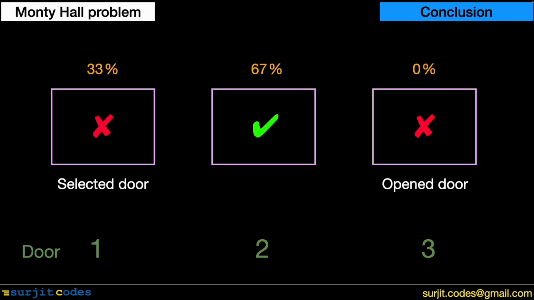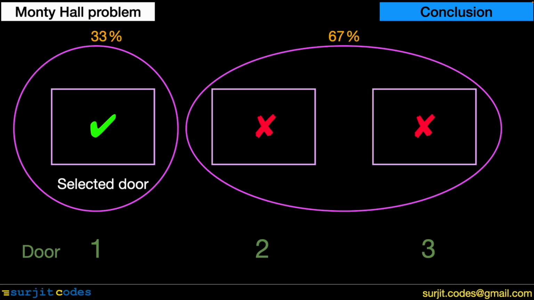All the experts who believed that opening one of the three doors gives 50% chances of winning to both the remaining doors have been proved wrong. The 33% probability of the originally selected door does not change if we open the doors one by one or all of them together.